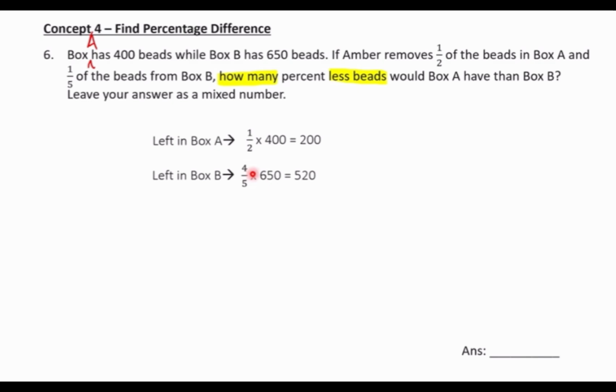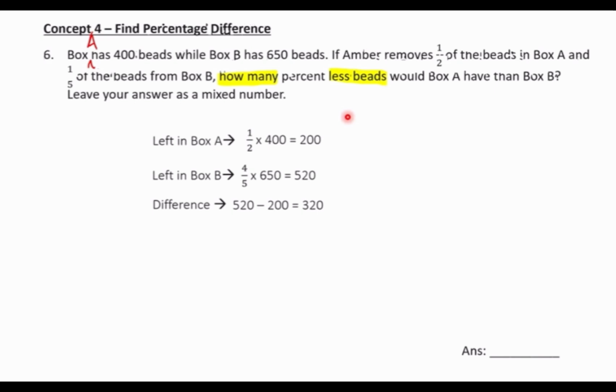If you do 1/5, then you need to do one more step: take 650 minus that. Anyway, how many less beads would A have than B? You take 520 minus 200, so the difference is 520 minus 200.